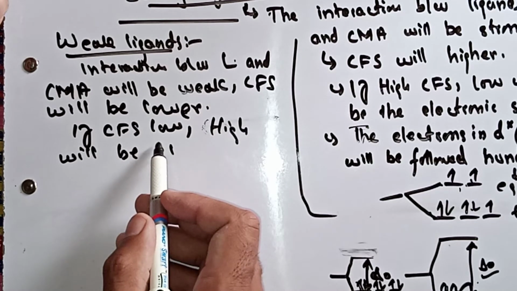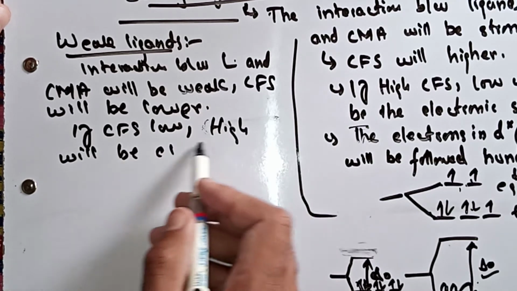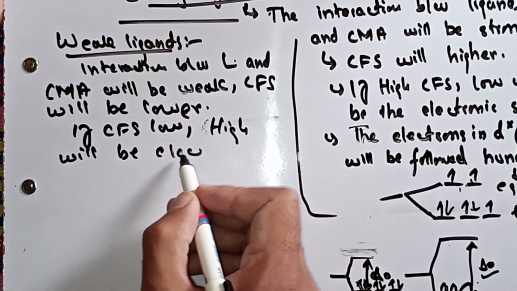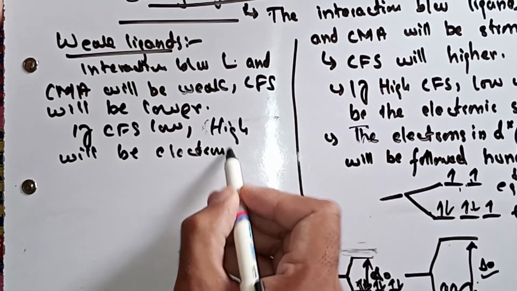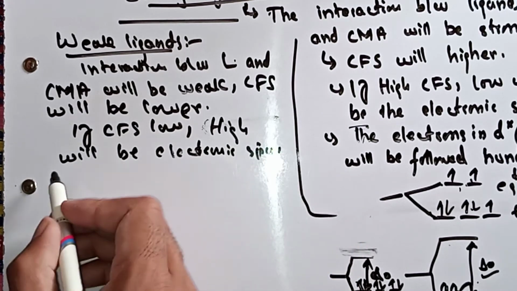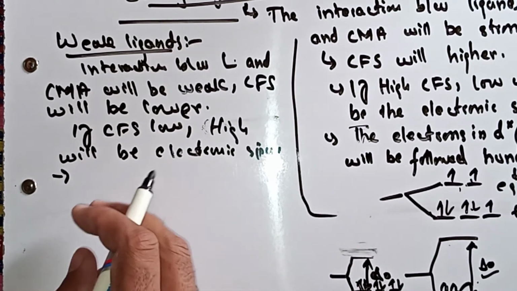If the crystal field splitting is high, it will be low spin.